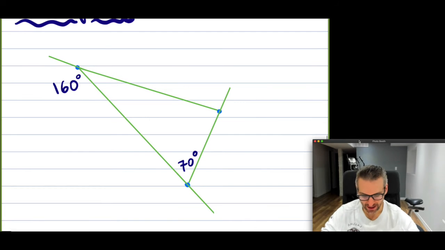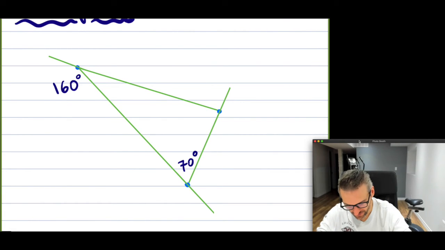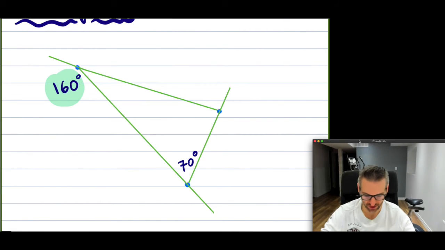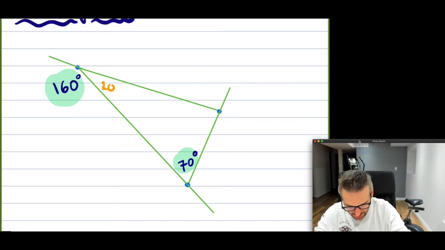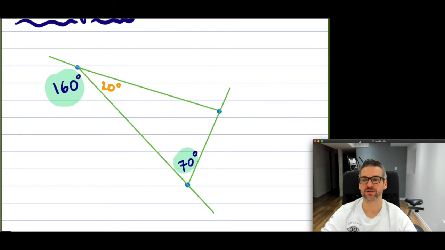Let's say I know this exterior angle and this interior angle, and I want to find every single interior and exterior angle. If the exterior one is 160 that you see there, then this one is 20 degrees, because 160 plus 20 is 180.